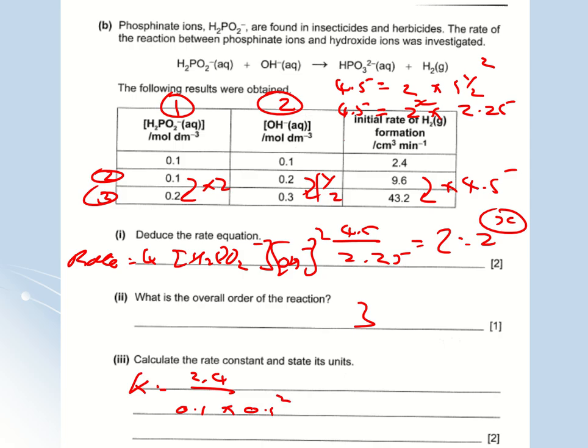I always do the bottom line first. 0.1 squared multiplied by 0.1 is that. 2.4 divided by that gives me 2400. Units would be, I'm going to do this off the top of my head so I may get it wrong, moles to the -2, dm to the 6, s to the -1, I think. Hopefully that's right.